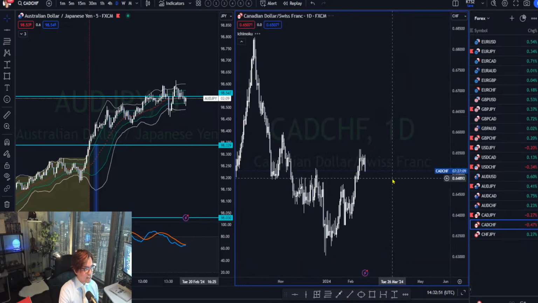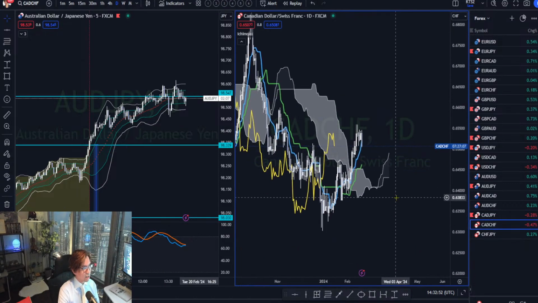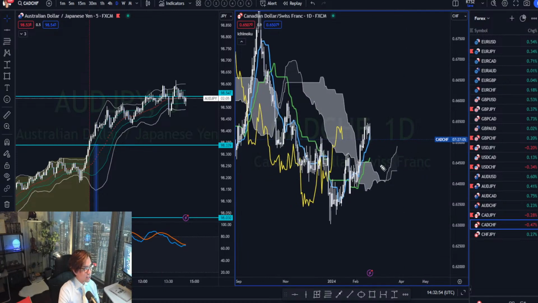And CAD Swiss franc, to me this is also bullish because the Senko span A is up again, Kijun Sen is up and above the Kumo, Tenkan Sen above the Kijun Sen, and Chikou span above the candles. So now it's bullish. That means the market can be supported by the previous support resistance and go up this way.